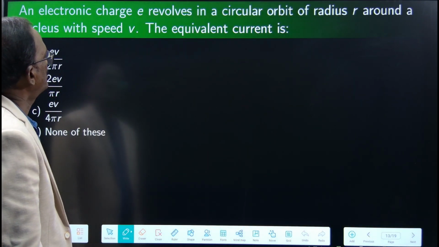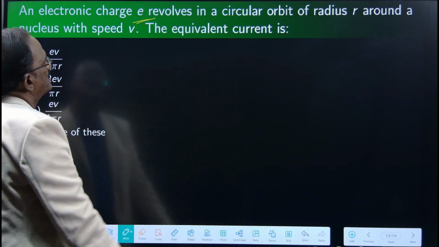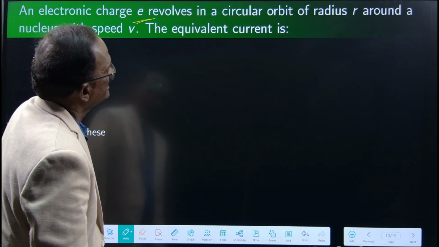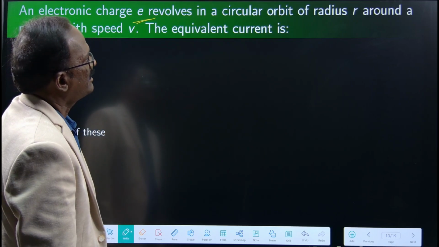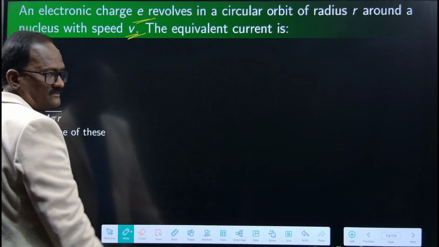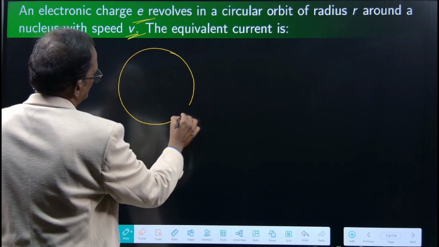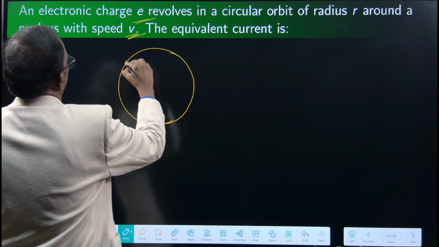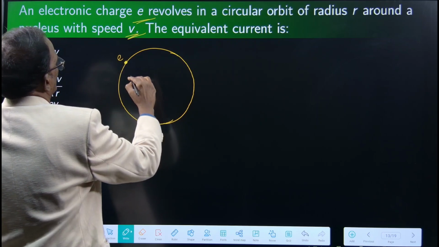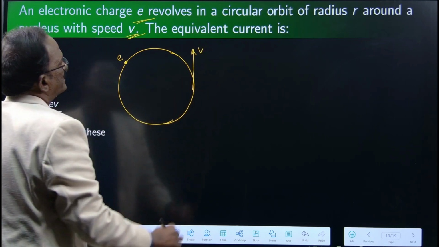An electronic charge e revolves in a circular orbit of radius r around a nucleus with speed v, in meters per second.